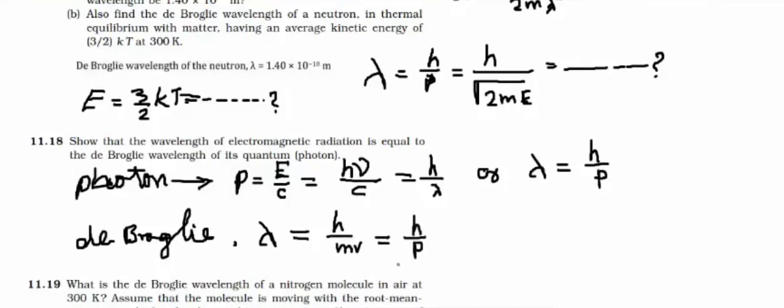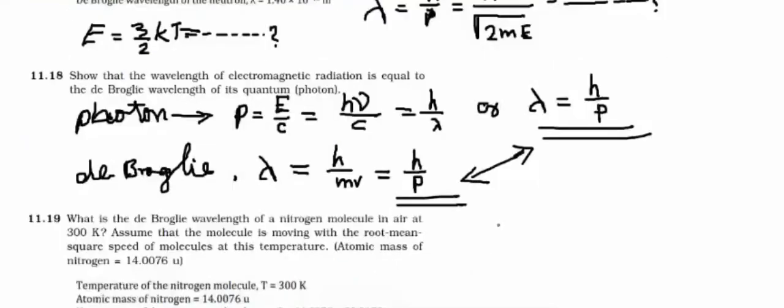And this lambda for a radiation is the actual wavelength. When we calculate the wavelength of the photon, again you will get h by p. So hence we can say both of these are the same.